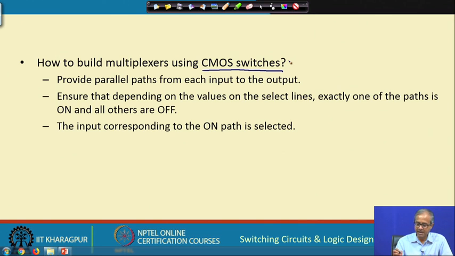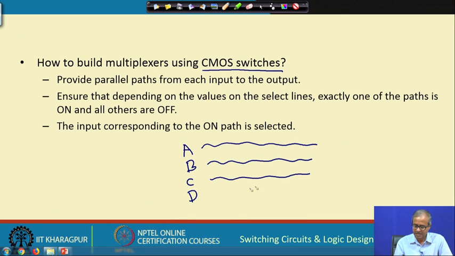The idea behind it is that from the various inputs, for example A, B, C and D, there will be multiple paths connected to the output, let us say Z. Using some mechanism, we would be selecting exactly one of the paths.